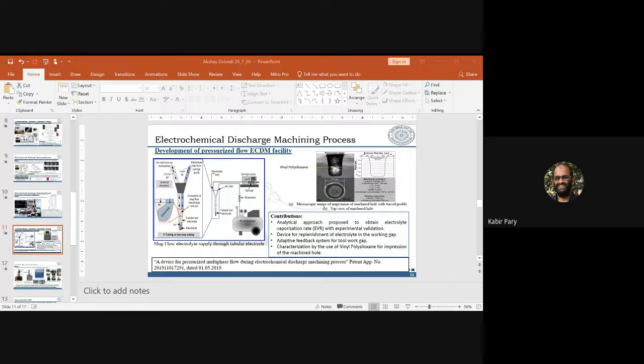Sir, yes, we are still on slide 11, I think. We are not seeing any change. Slide 11, Electrochemical discharge machining process. Okay. Can you see the fresh slide? No, sir.